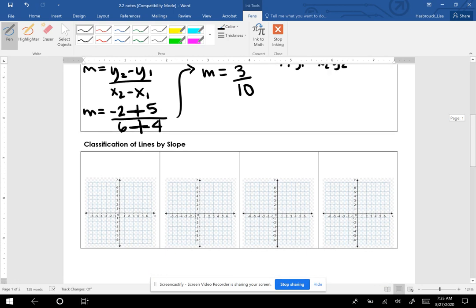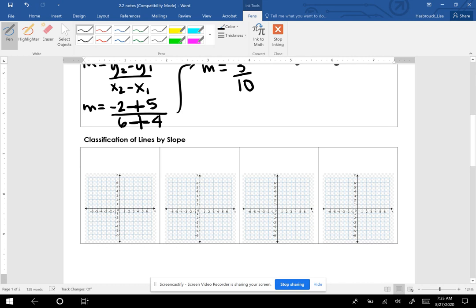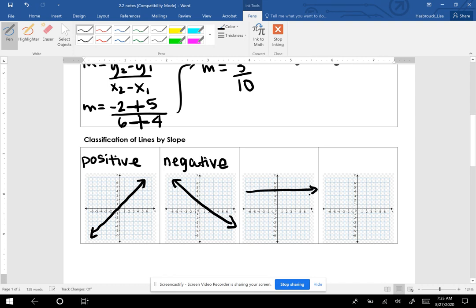Now let's go over the types of lines and their slope. So we have different types of slopes. This here would be a positive slope because it's going up from left to right. This line is a negative slope because it's going down from left to right. This next line is called a zero slope.